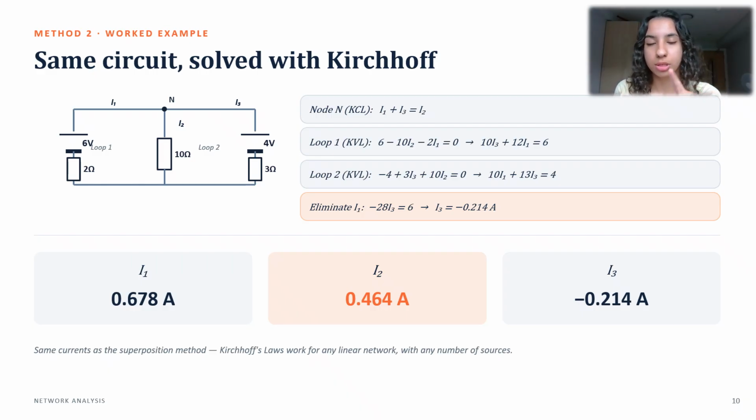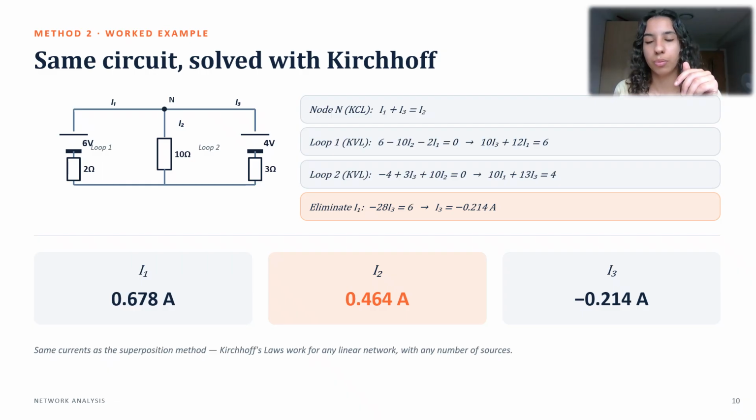For those who don't know what a simultaneous equation is, you have two equations, each with the same two unknown variables, and we use them both together to find both of these variables. But the problem is we have three unknown variables, I1, I2, and I3. That's where the current law comes in handy. This is how I'll show you.